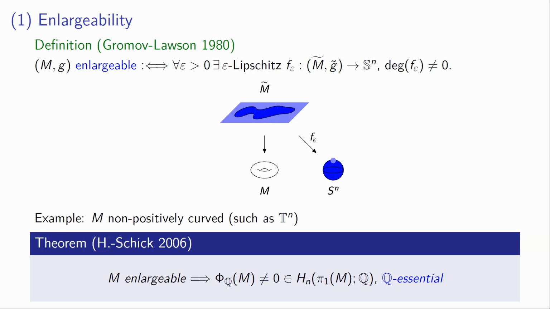And so apart from the n-torus, you can also take any non-positively curved Riemannian metric g, because then the universal covering is diffeomorphic to the n-plane, n-dimensional space.